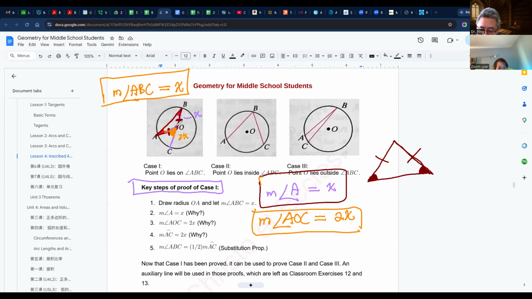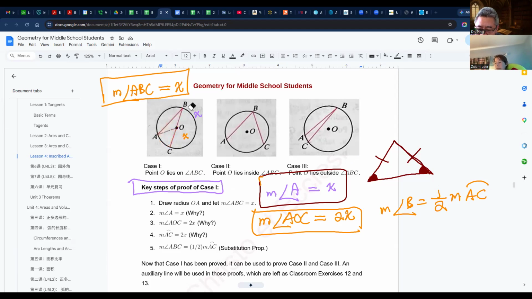Now we know this is 2x, and this is the center angle. So the corresponding arc has to be 2x. We just said that angle B is x. So the measure of angle B is half of the measure of the intercepted arc AC. That's very important.